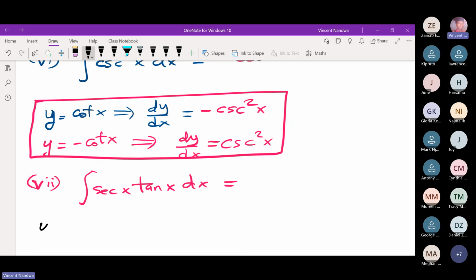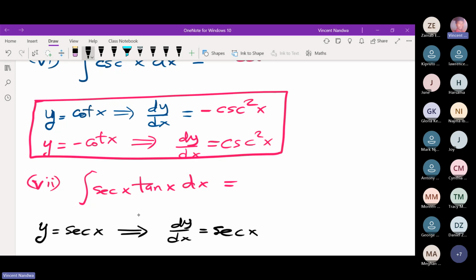Recall that if y is sec x, what is dy/dx? The derivative of sec x is sec x tan x.